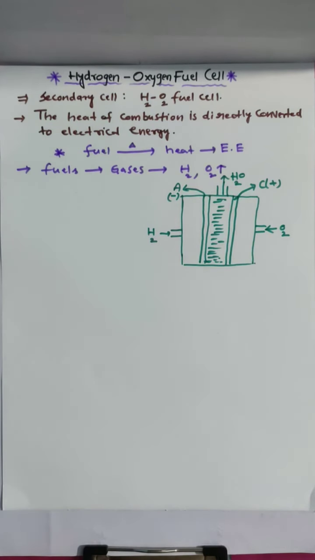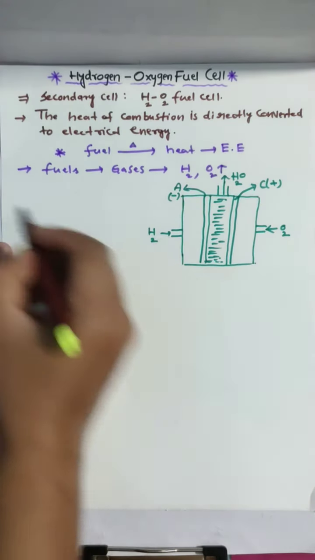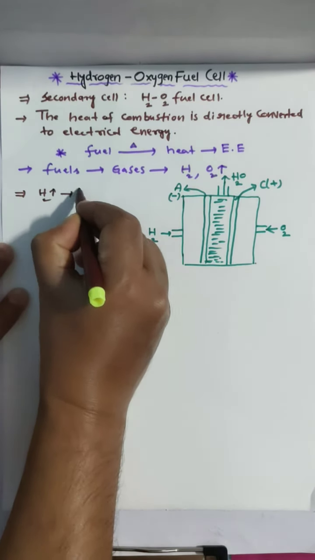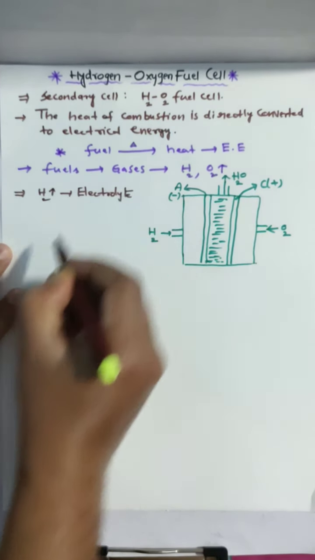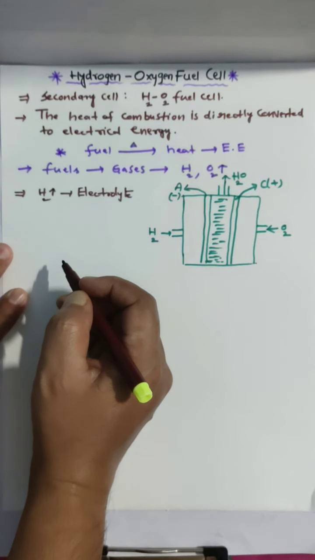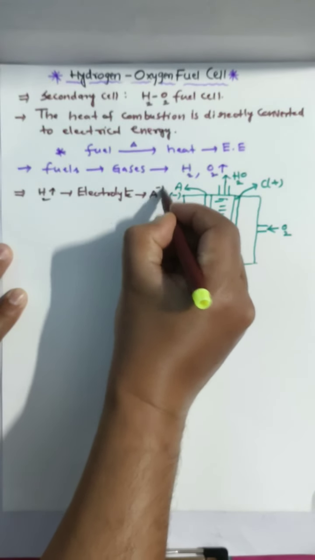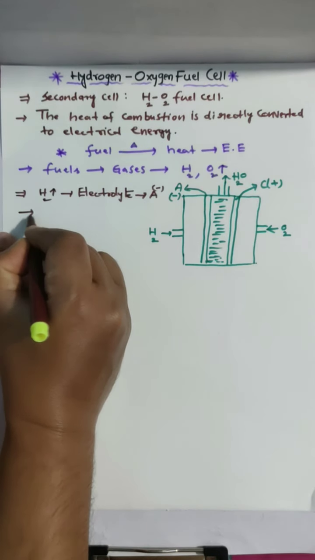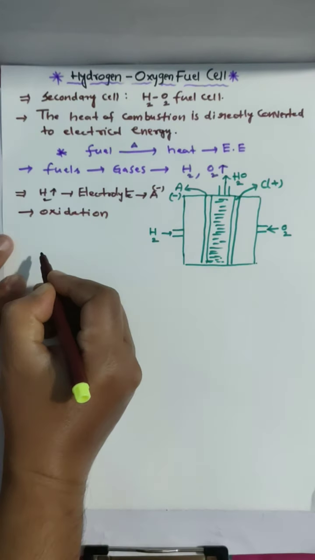What happens in the reaction, let me discuss. Hydrogen gas is bubbled through the electrolyte. Clear? When hydrogen gas is bubbled through the electrolyte at the anode, here negative, hydrogen undergoes oxidation.